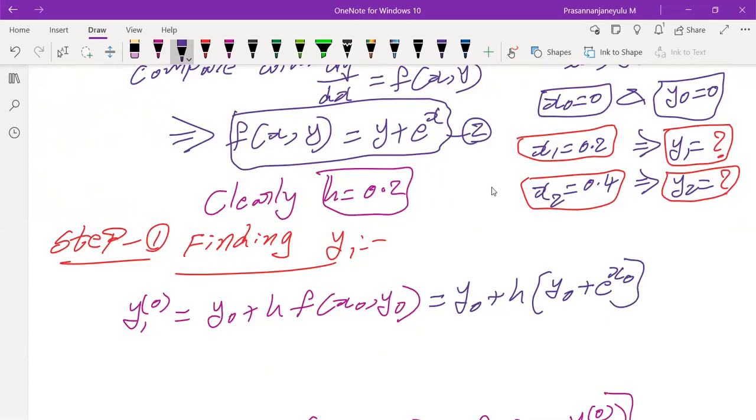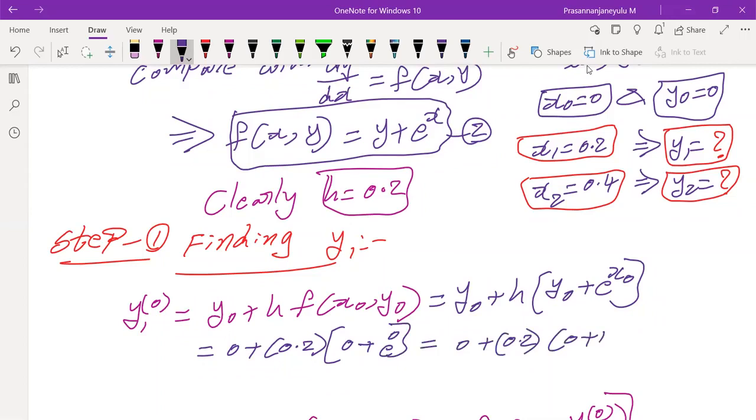Now substitute the values of y naught, x naught and h. Y naught is 0 plus h value is 0.2. So 0 plus 0.2 into y naught value, which is 0, plus e power x naught, which is e power 0, is nothing but 1.